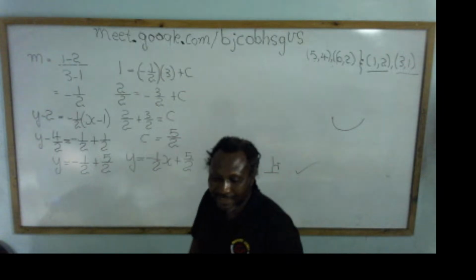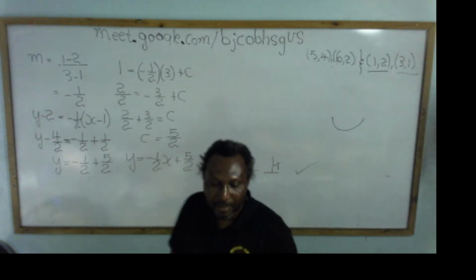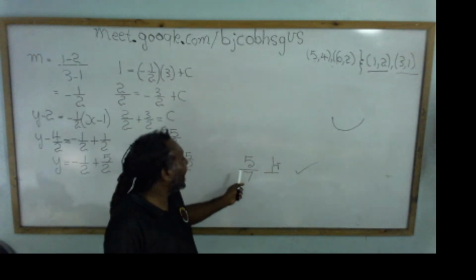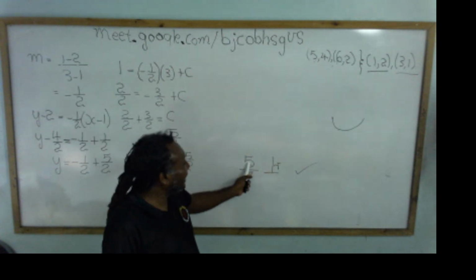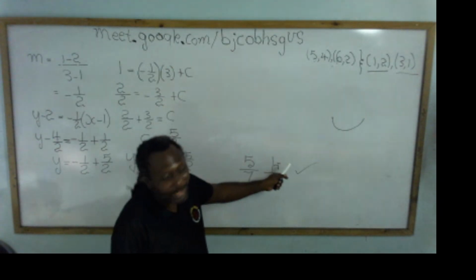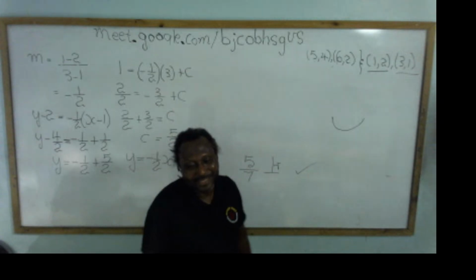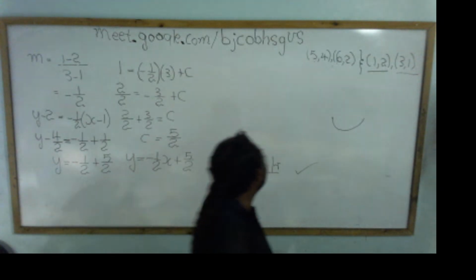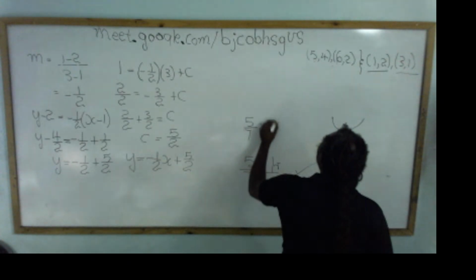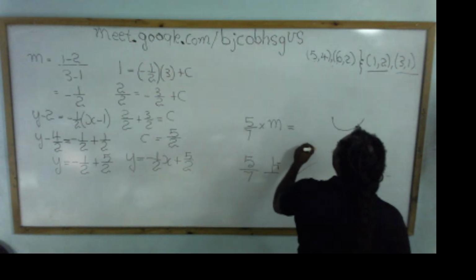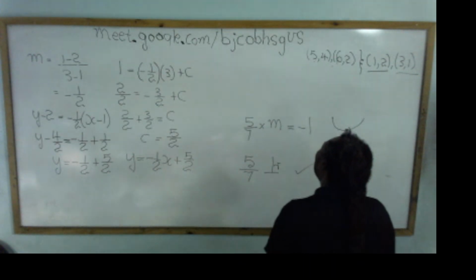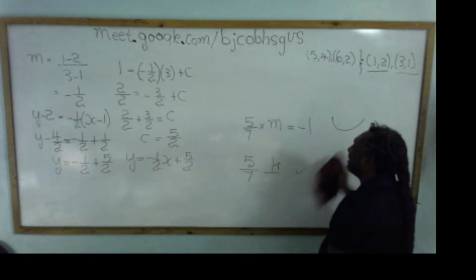For the one that is perpendicular to it, when you multiply this gradient, which is 5 over 7, by the other one, the answer that you will get is negative 1. So you need to tell me what the other gradient is. So 5 over 7 multiplied by the other gradient, and the result is negative 1. What will be the other gradient?